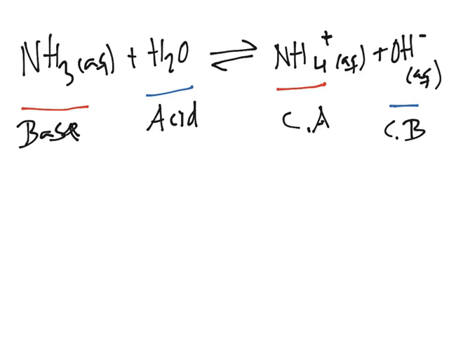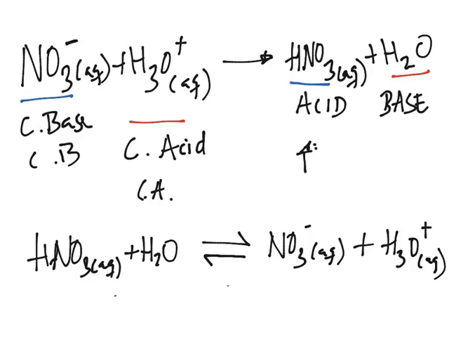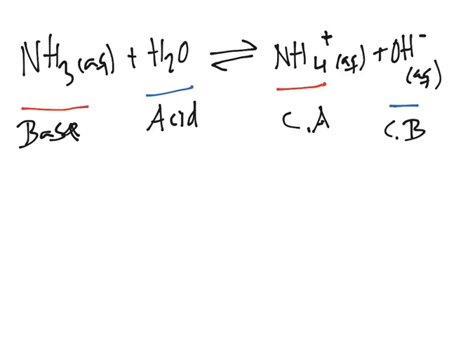But there's one more thing. We saw on the previous page that the H2O was a base, right? And then we see on this page that it was an acid. So when something can act as an acid and a base, we call that species amphoteric.